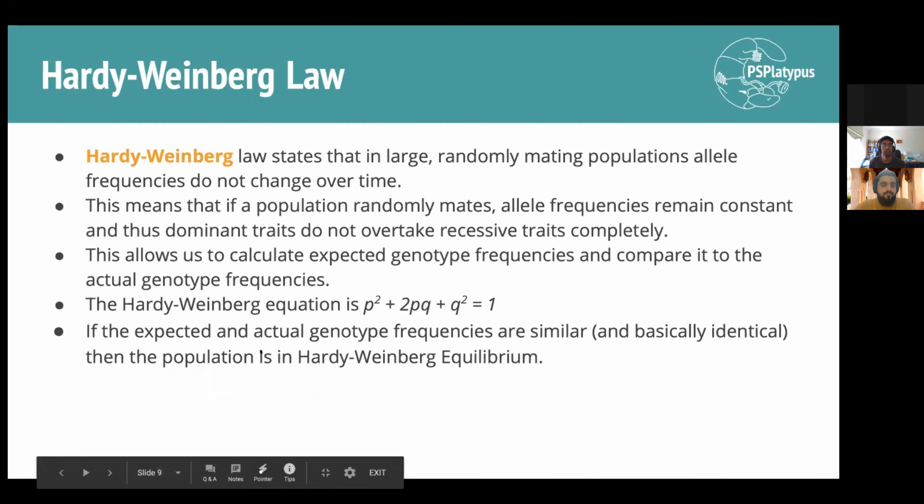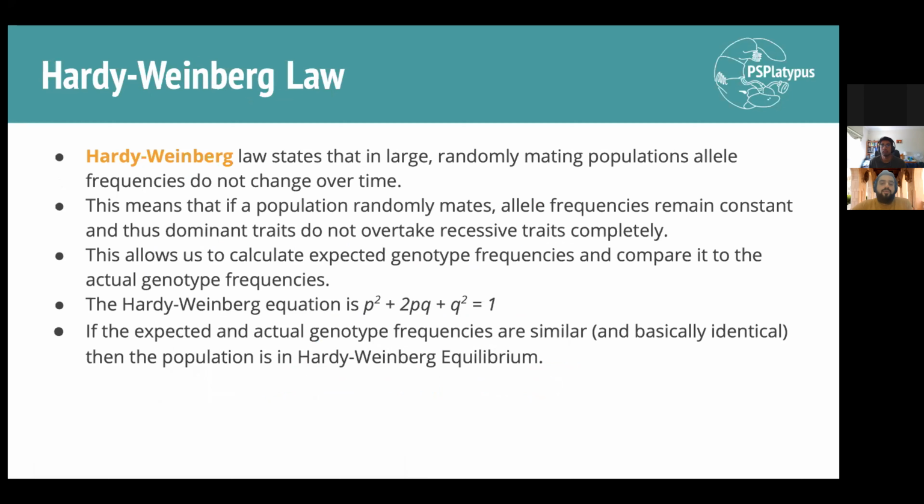And then we have the Hardy-Weinberg law, which states that in large randomly mating populations, allele frequencies do not change over time. What does that mean? It means that in very large populations, dominant traits do not overtake recessive traits completely.